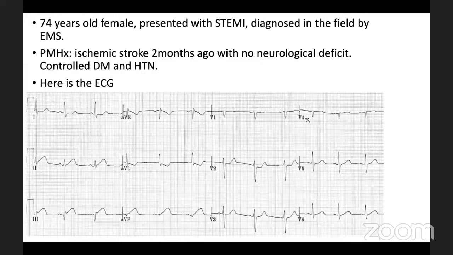What's your diagnosis here? It's an acute coronary syndrome on the lateral leads, 1 and AVL. Acute coronary syndrome, okay. This is ST segment depression.